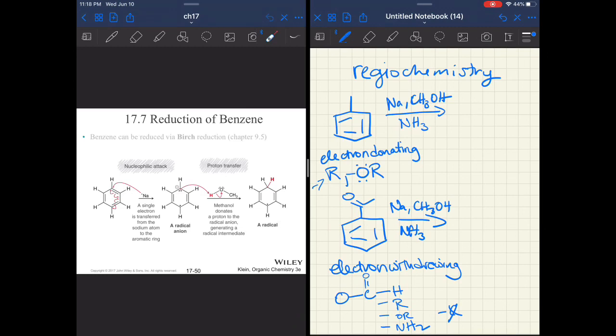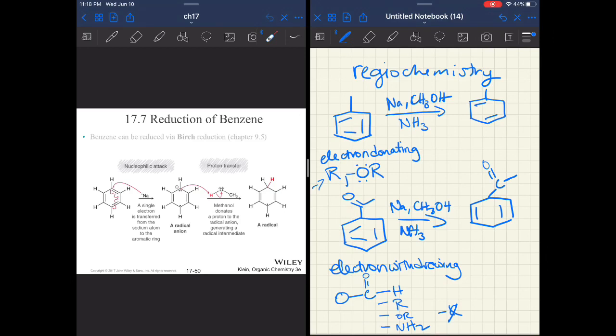If you have an electron donating group, the double bonds will wind up in such a way that the electron donating group is on the double bond. An electron withdrawing group, however, will wind up on one of the new sp3 hybridized carbons. This, of course, will be important for product prediction.